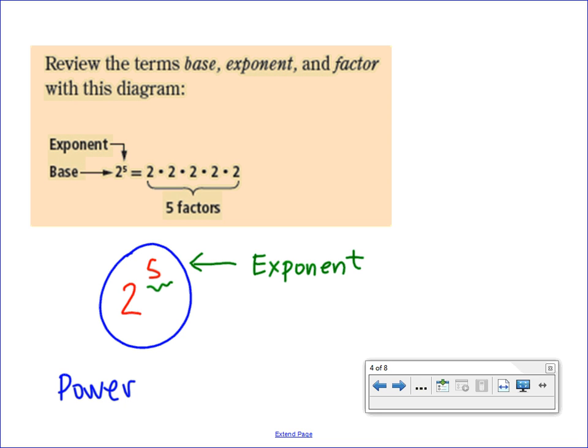And the factor that's multiplied repeatedly is the base. And so a power consists of two pieces, the base and the exponent. The exponent tells us how many times that base is multiplied together. So there we go. We see 5 factors of 2 multiplied together in a row. The whole thing is the power.